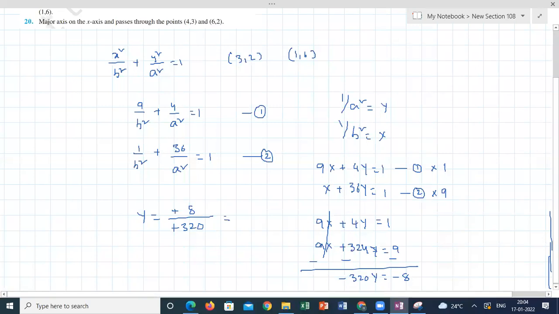So y is equal to 1 by 40, which is nothing but 1 by b square. From this, if I am getting y is equal to 1 by 40, I can substitute in any equation: x plus 36 into 1 by 40 is equal to 1.